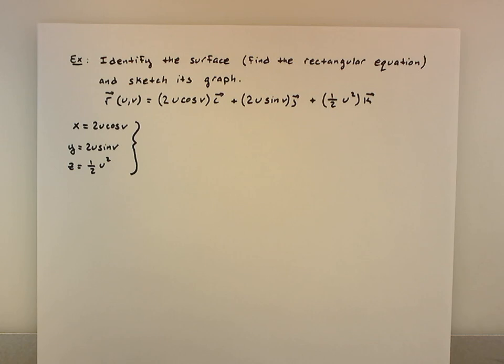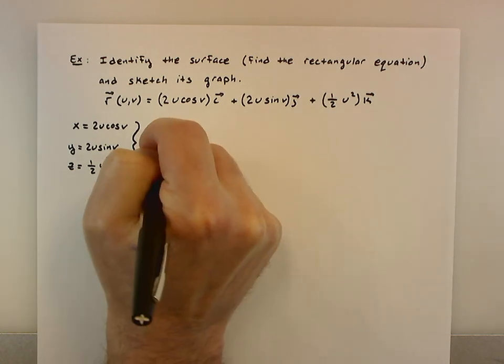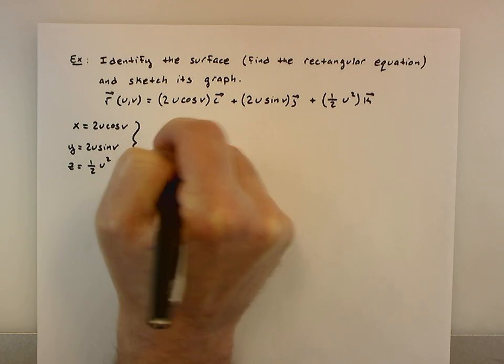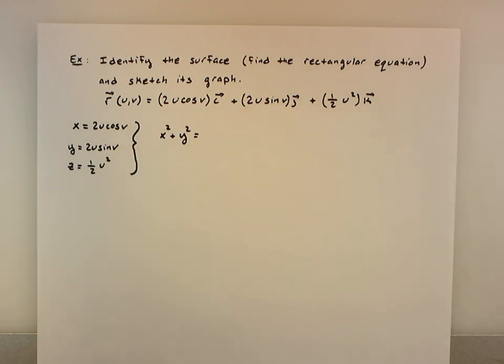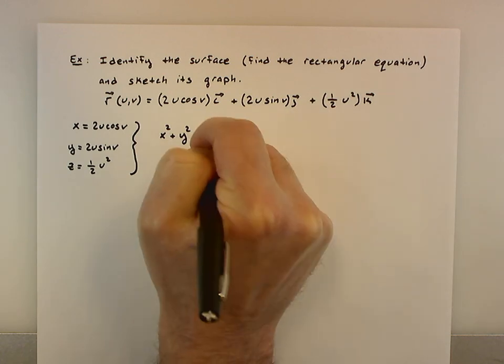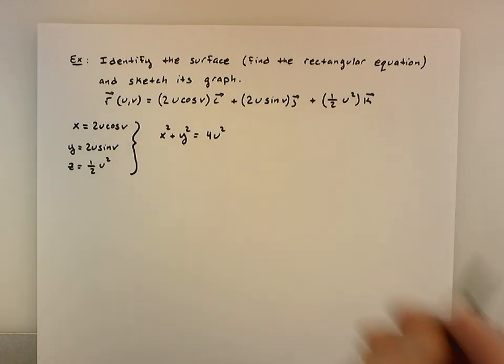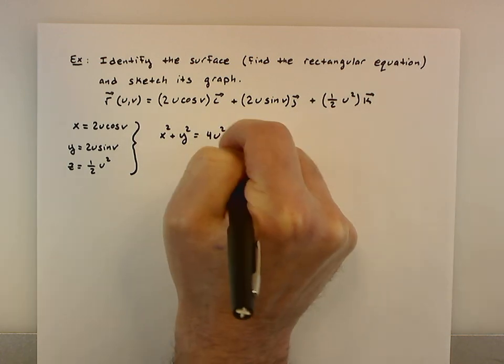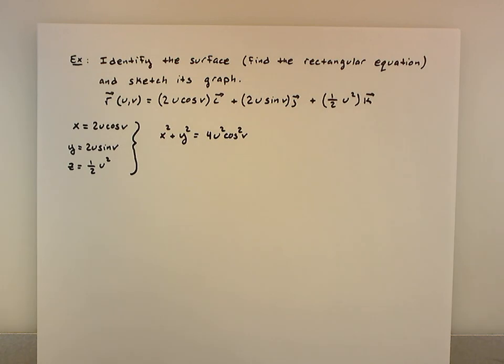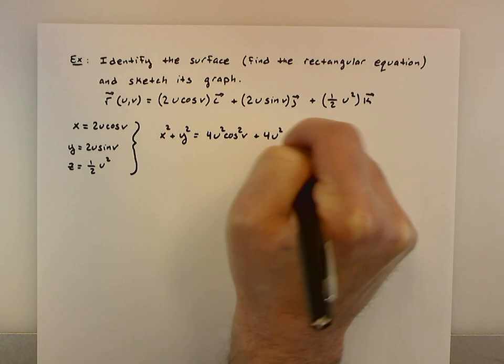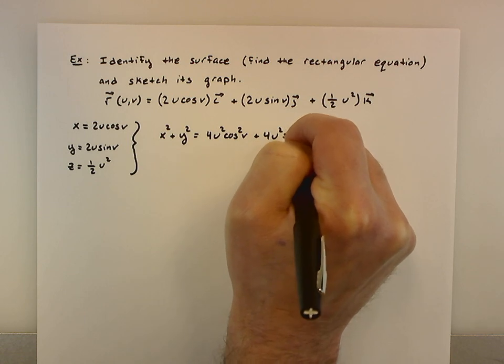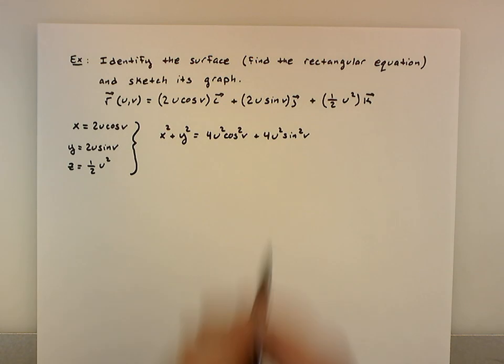If I use these three equations, if I take x squared plus y squared, that's equal to 4u squared cosine squared v plus 4u squared sine squared v.